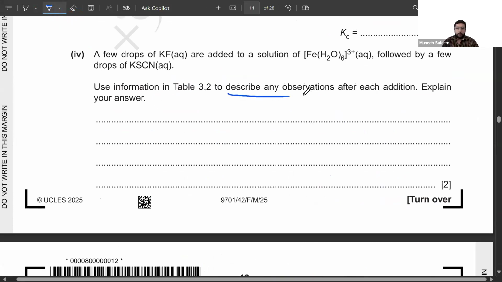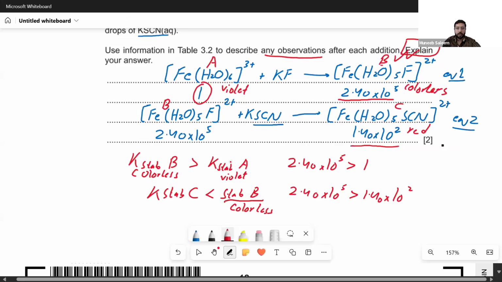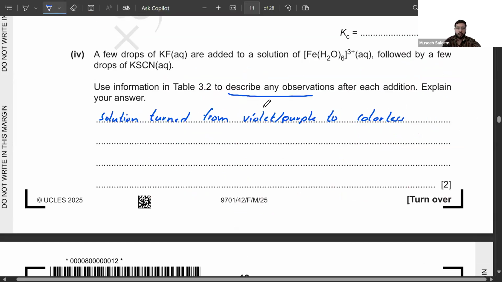In terms of the description, we can say that a solution turned from violet, or you can also call it purple, to colorless. Why did it happen? Because there was the formation of complex B from A. A was a violet complex and B was a colorless complex. That's why.